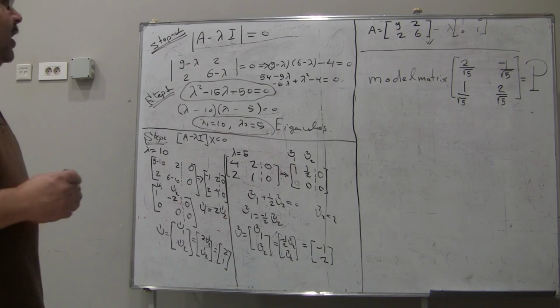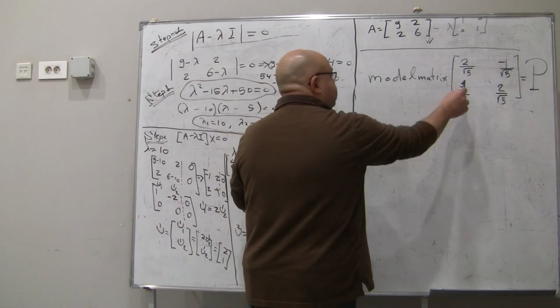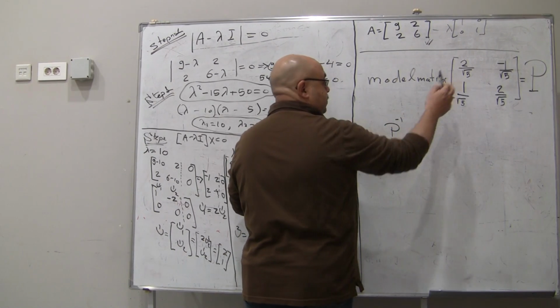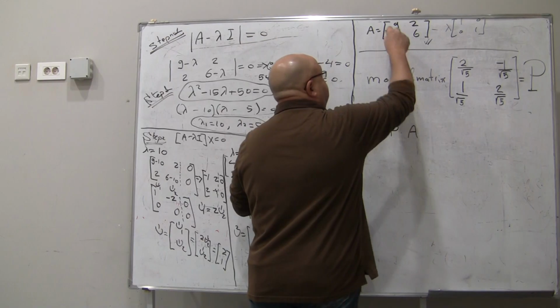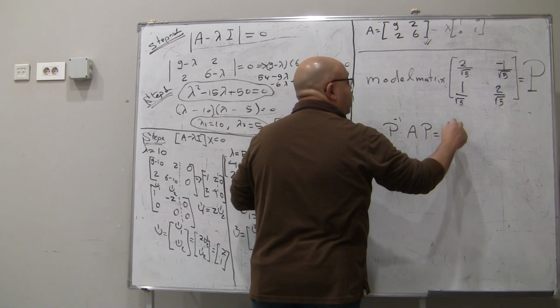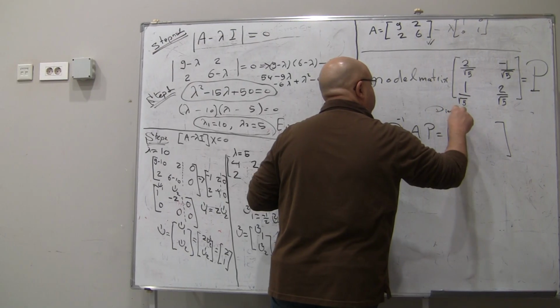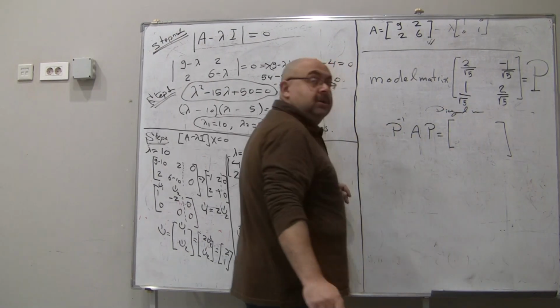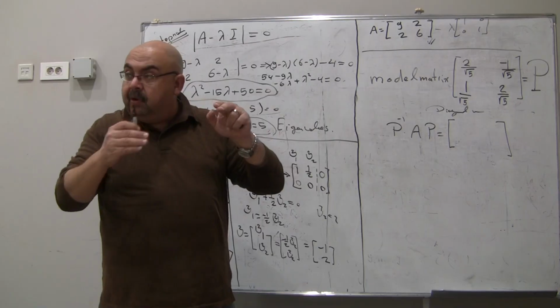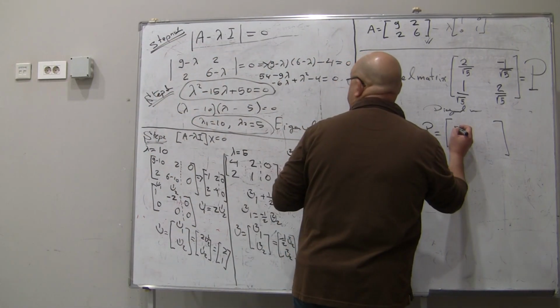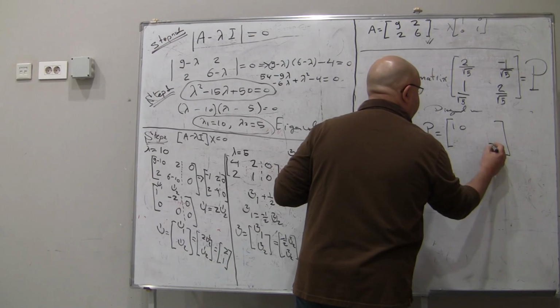So remark, if I multiply B inverse, the transpose, times the given matrix A, times B, I will get a diagonal matrix. This is a diagonal matrix.